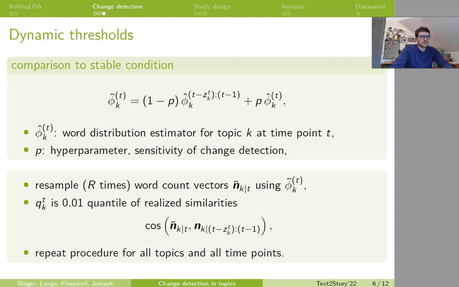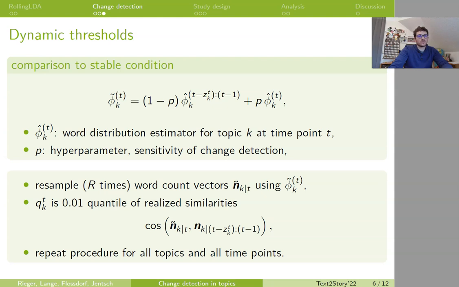Now, using this expected word distribution for topic K at time point T, we resample a number of times expected word count vectors with the same cardinality as our realized word count vector at the current time point. Then, for comparison to the realized similarity, we use the 1% quantile of the similarity values resulting from the resampled word count vectors.